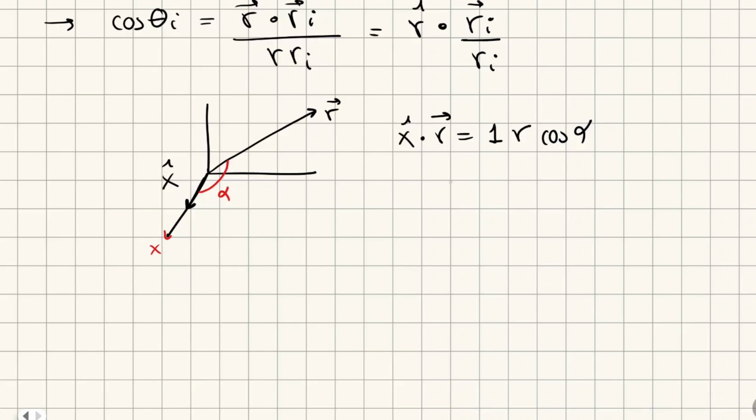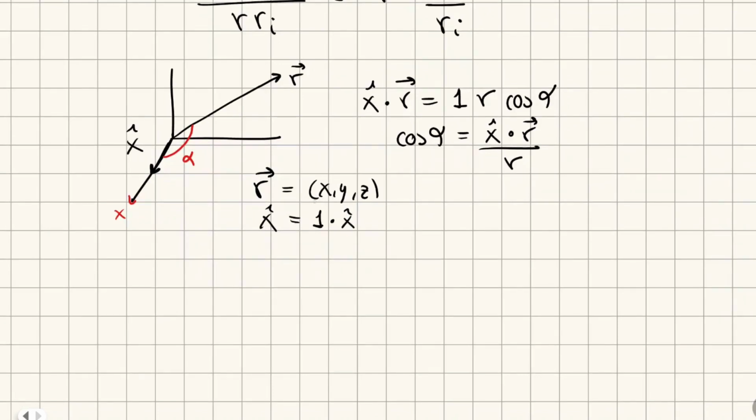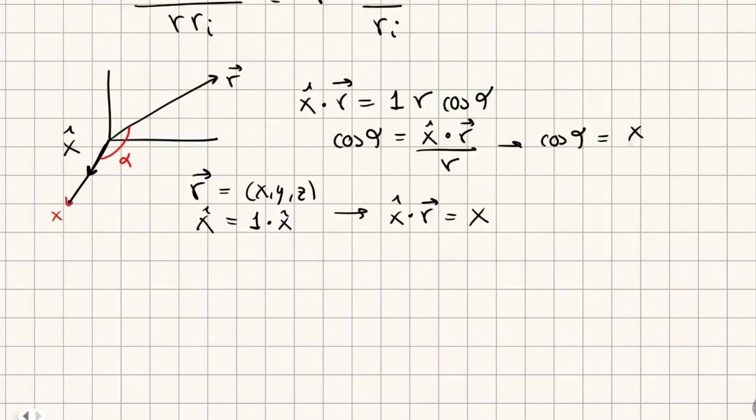So cosine of alpha is equal to x dot r over r. In our case, r is defined as x, y, z, and the vector x is just 1 times x. If we make the dot product between these two vectors, x dot r is equal to x. So cosine of alpha is x over r.